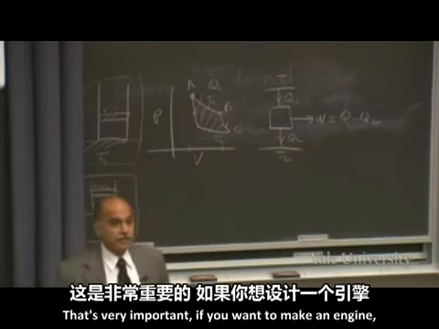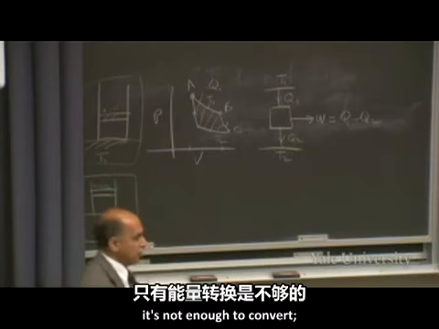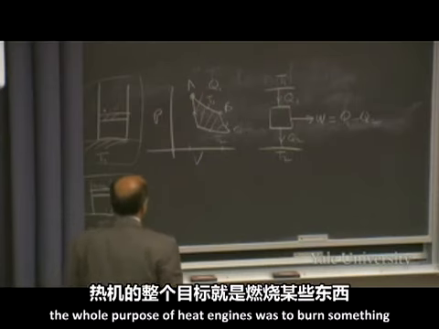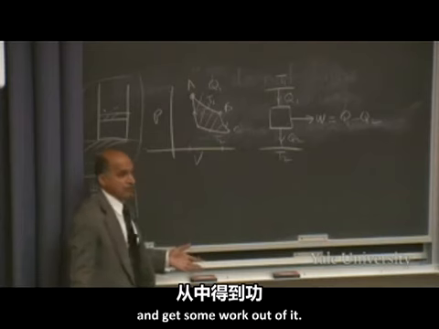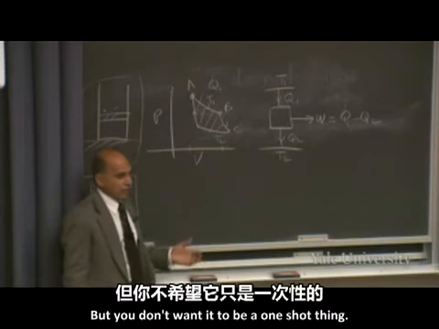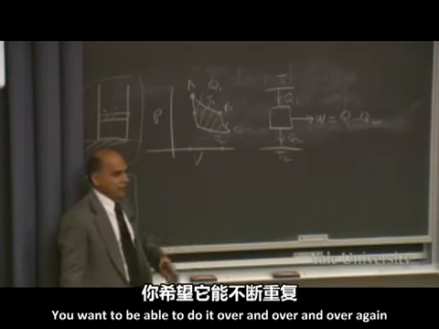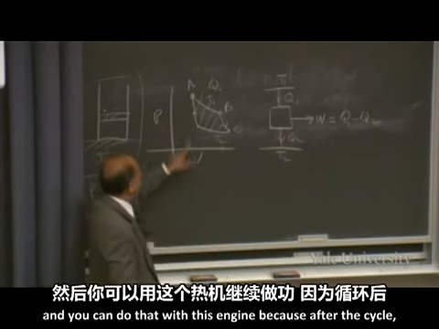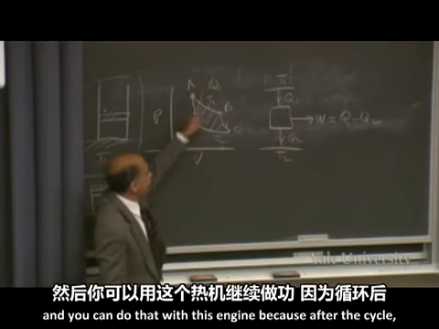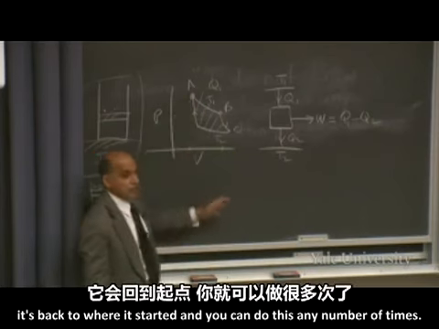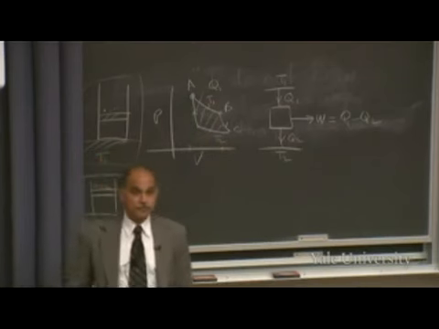If you want to make an engine, it's not enough to convert. The whole purpose of heat engines was to burn something and get some work out of it. But you don't want it to be a one-shot thing. You want to be able to do it over and over and over again. And you can do that with this engine because after this cycle, it's back to where it started, and you can do this any number of times.